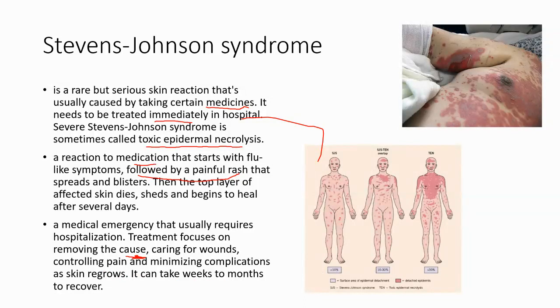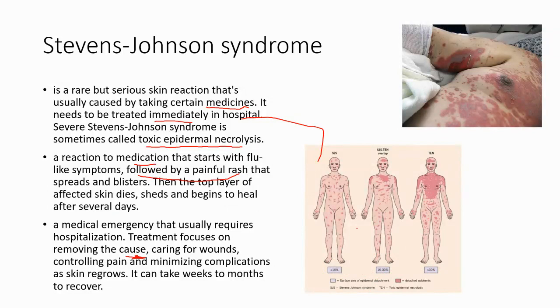So this is somebody with less than 10% of their body affected. The Stevens-Johnson syndrome that has just these blistery burns on the skin. Look at this right here. And then as more of the body is affected, they have Stevens-Johnson syndrome, and toxic epidermal necrolysis occurs as the skin starts necrotizing, and then it can become very serious, just TEN, when greater than 30% of the body is affected.